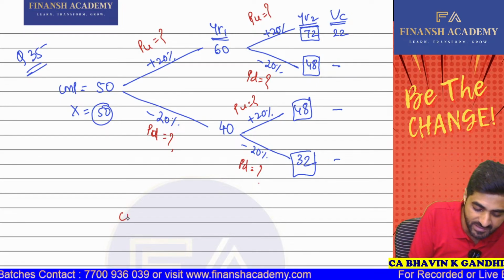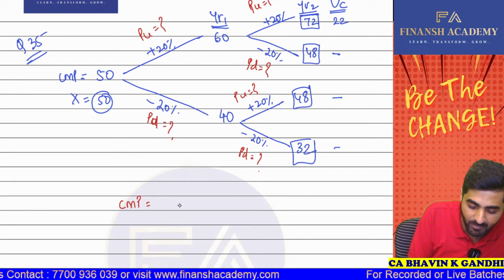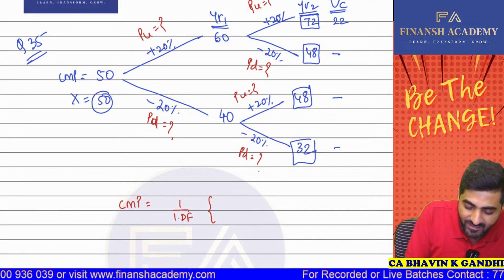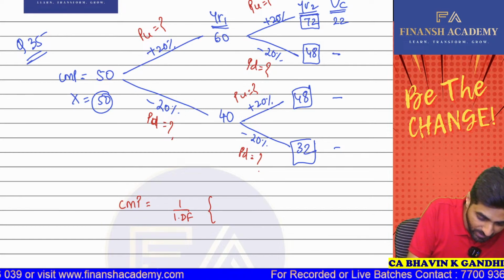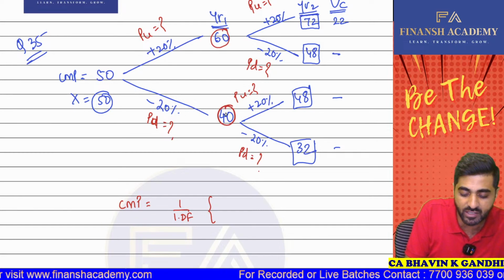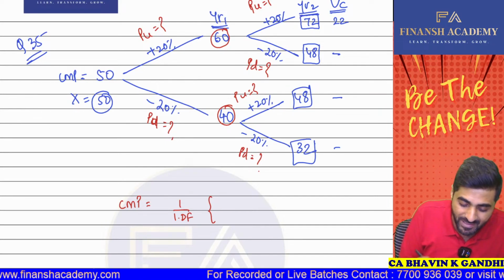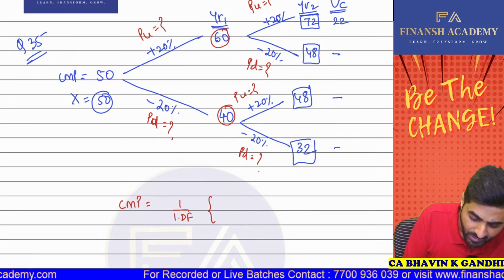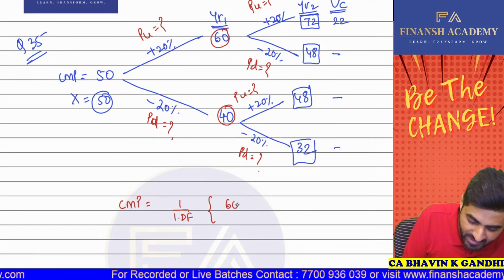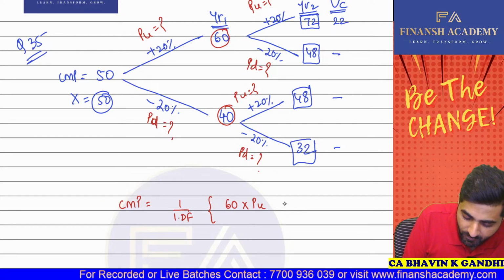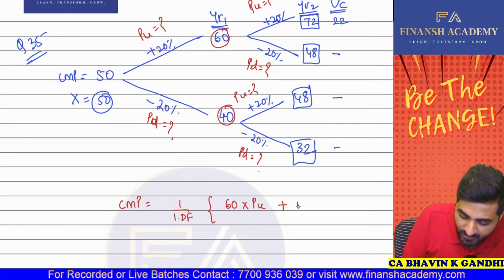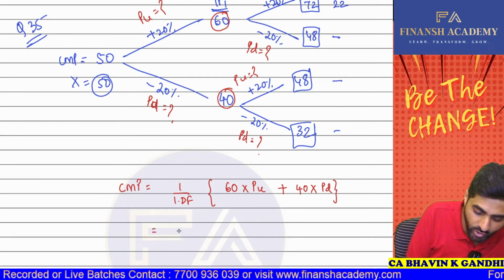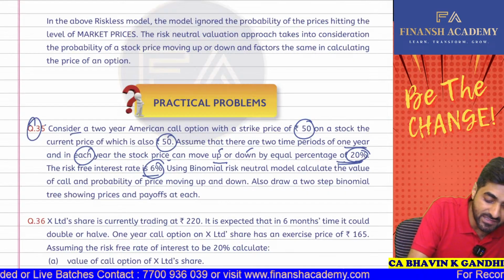So as we have all discussed, the current market price is nothing but 1 divided by 1 plus the discounting factor, into... See, this is 60 and this is 40, my dear students. Okay. So basically it will be nothing but 60, the estimated price, into the probability of price going upwards, plus 40 into the probability of price coming downwards. So this is now going to be 1 divided by, what's my discounting factor?